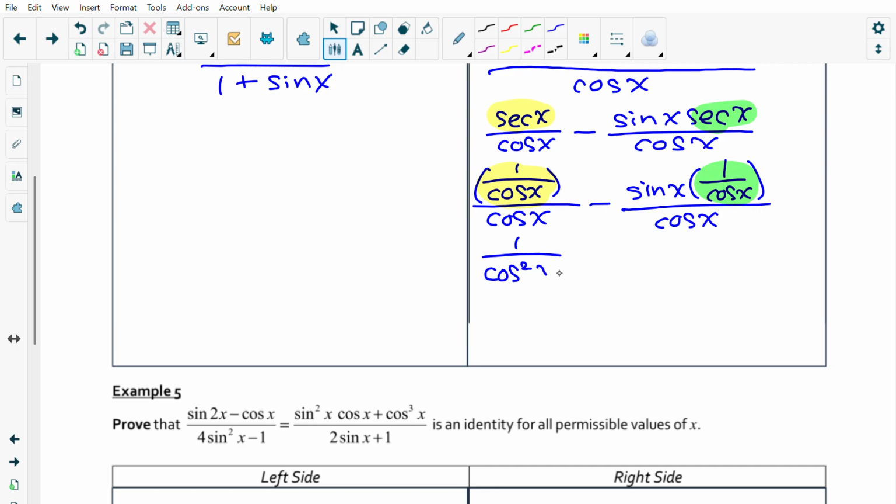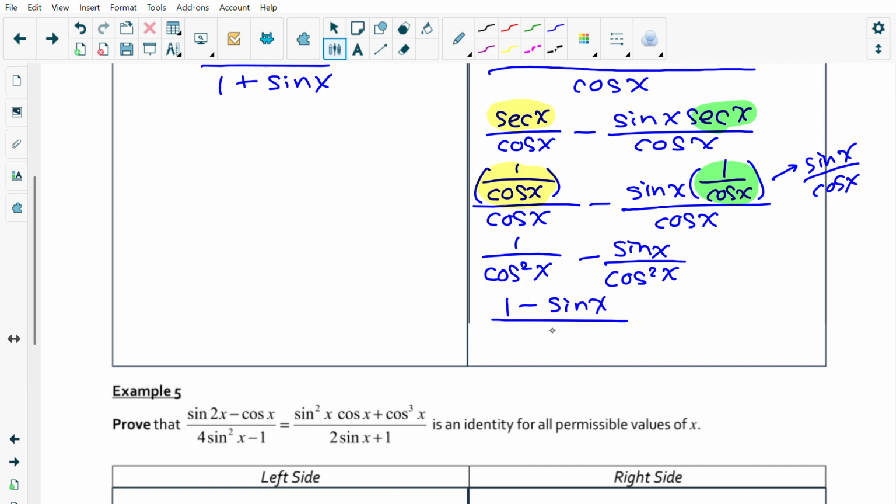What do I have? This is 1 over cosine squared of x minus sine of x divided by cosine squared of x. Okay, because this numerator is sine of x over cosine of x. When I divide by cosine of x, I get cosine squared of x in the denominator. Let's combine those two. 1 minus sine of x divided by cosine squared of x.